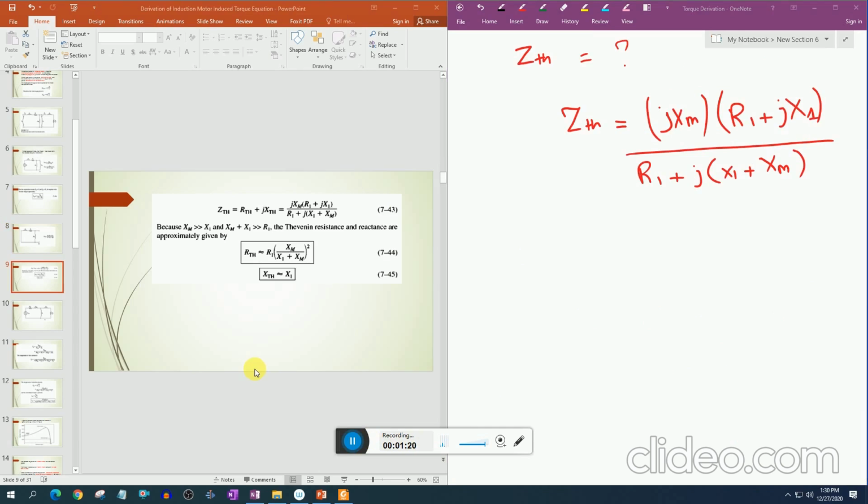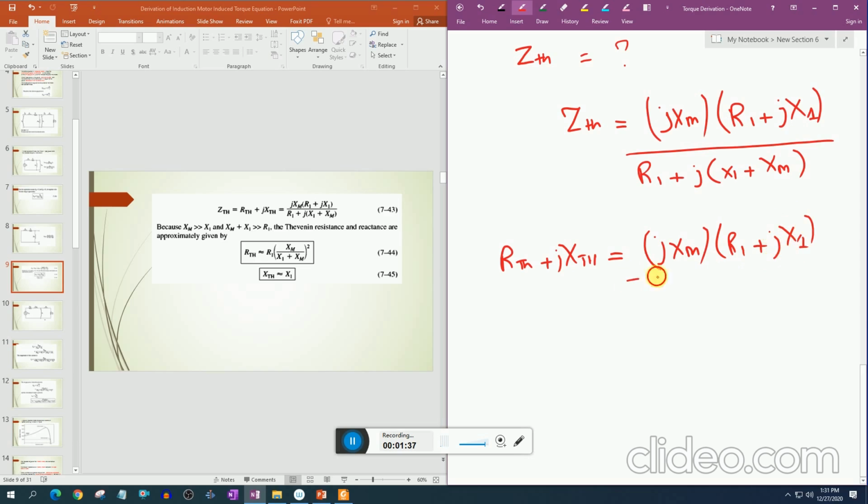Now Z Thevenin is equal to R Thevenin plus j X Thevenin, which is equal to j Xm into (R1 plus j X1) divided by R1 plus j (X1 plus Xm).